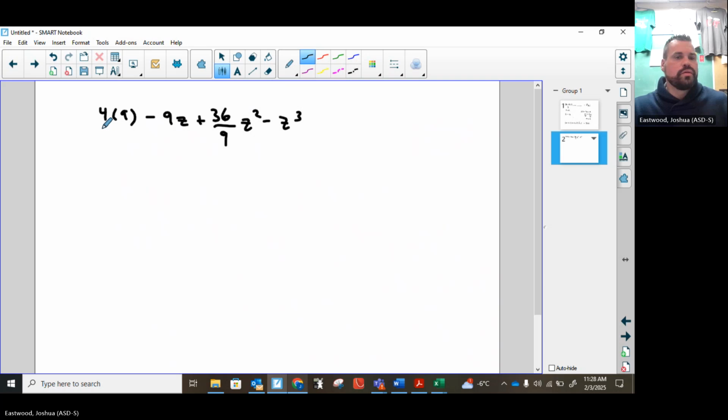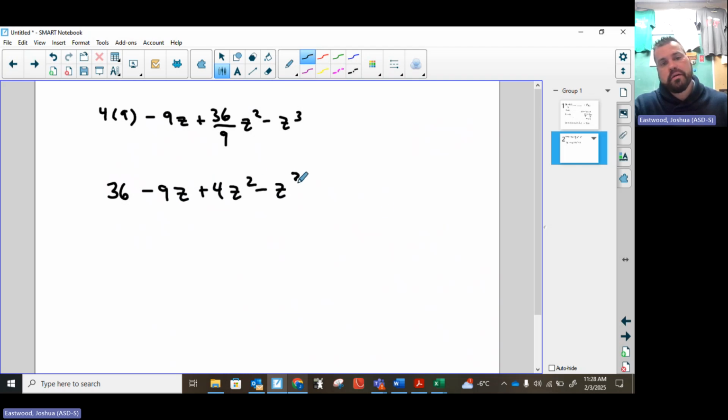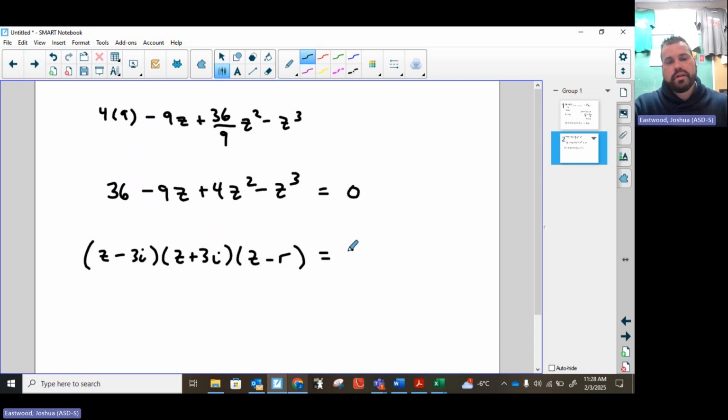So 4 times 9 minus 9z plus 4z squared minus z cubed. That's my polynomial. And when I set that equal to 0, what I'm going to get is z minus 3i and z plus 3i, which I know, and then z minus r, some other value of the root, that has to equal 0.